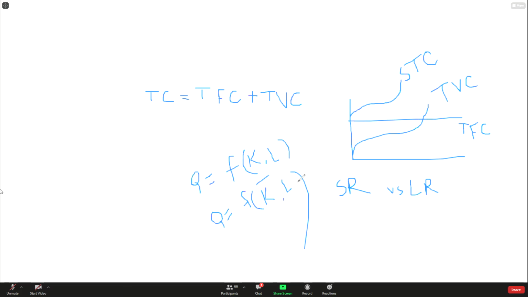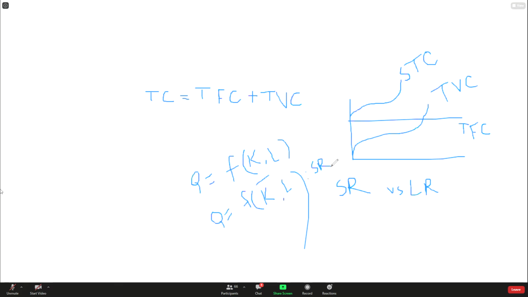This type of perception or this type of concept is known as short run. This is short run. Sir, why is it short run? RUN means short run.